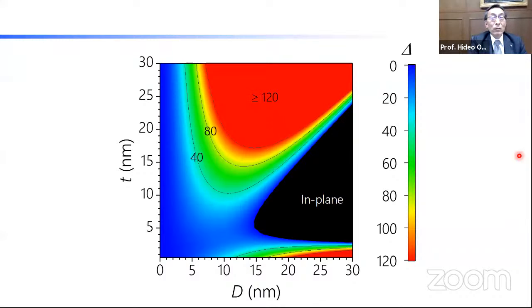And we all know that a bar magnet magnetizes itself along the axial direction. It never magnetizes in the direction perpendicular to it. This is because the shape anisotropy that we were fighting against with interface anisotropy has changed sign, and we can utilize it to get this small magnet.